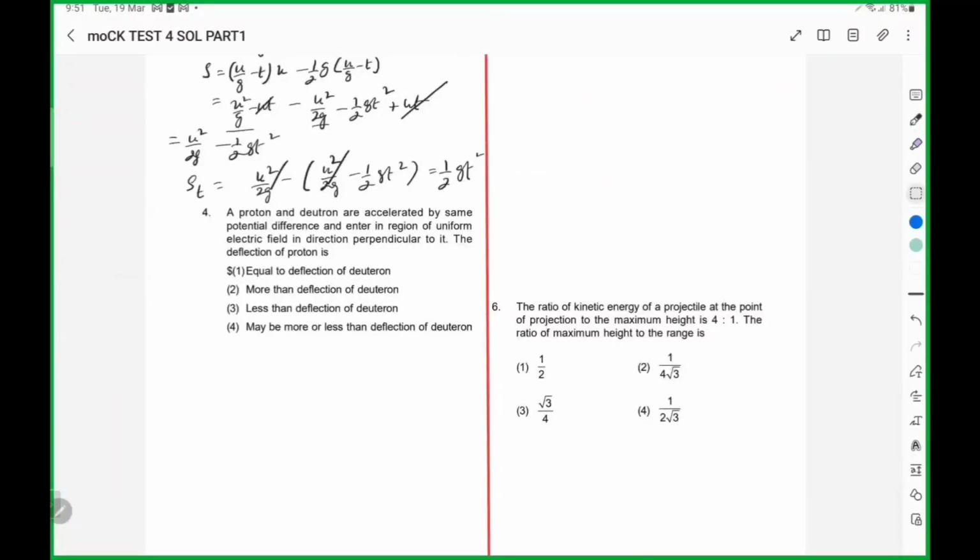So we know proton, deuteron having same charge, only different in mass number, accelerated by same potential difference, both are having same charge. This is related to proton.